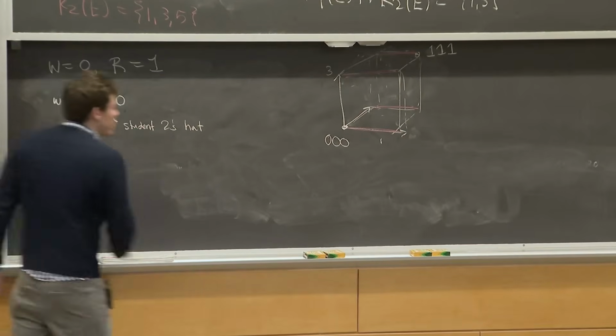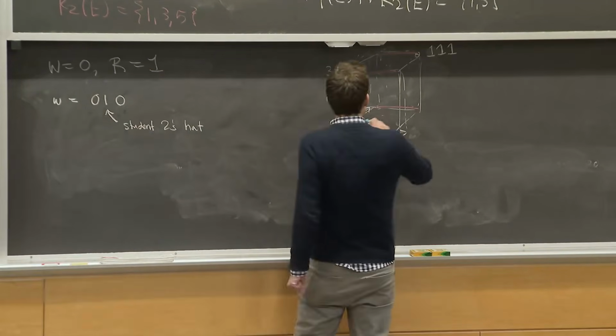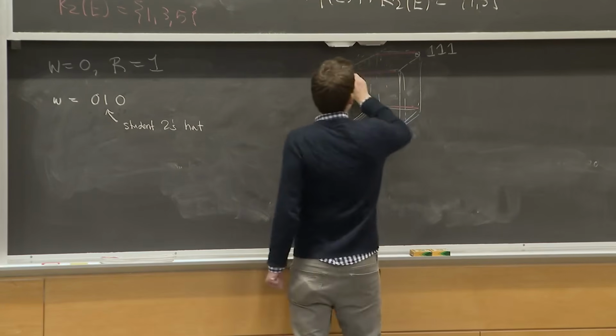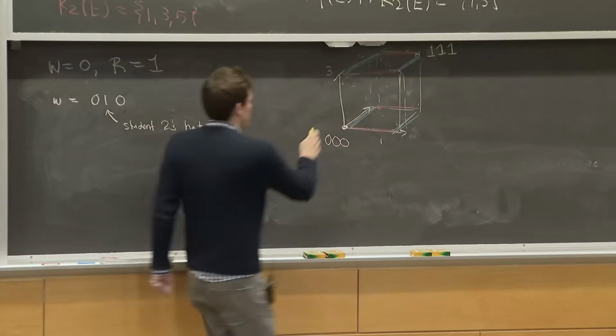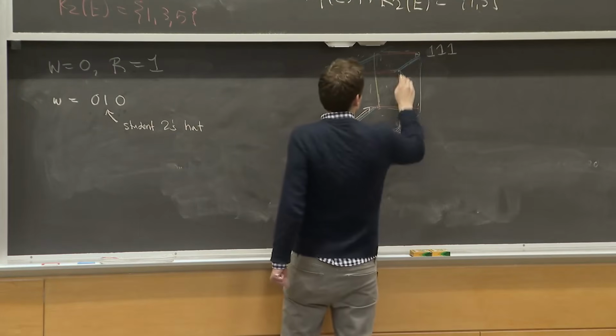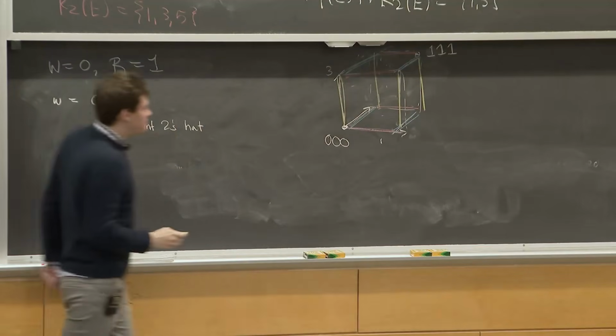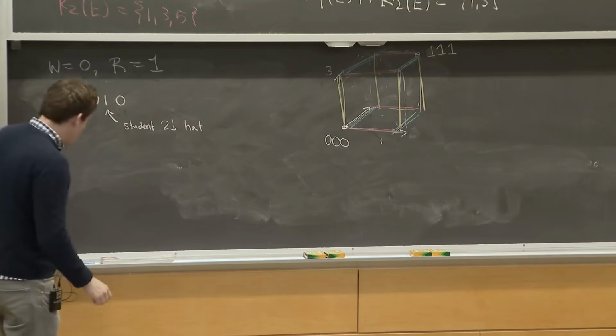It may get a bit messy when I keep drawing everyone else's. Player 2's is going to be like this. And then player 3's partition is going to be like this. It's going to be yellow. So let's understand what that means.